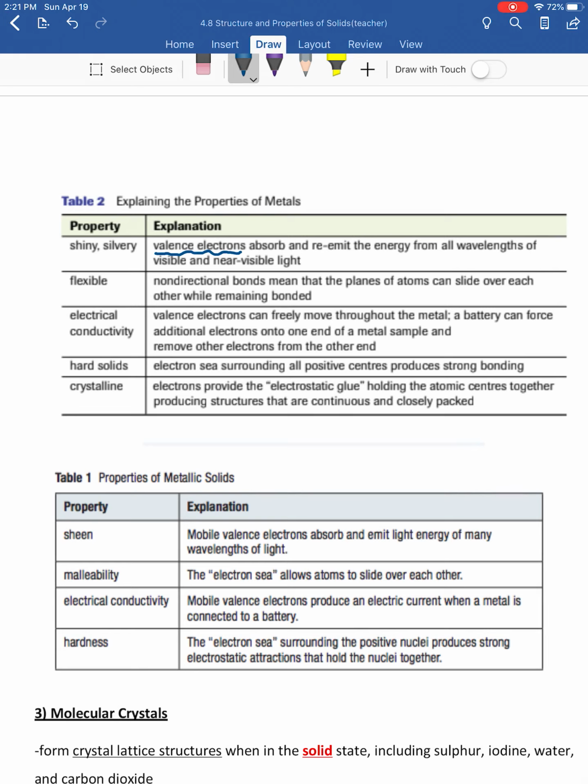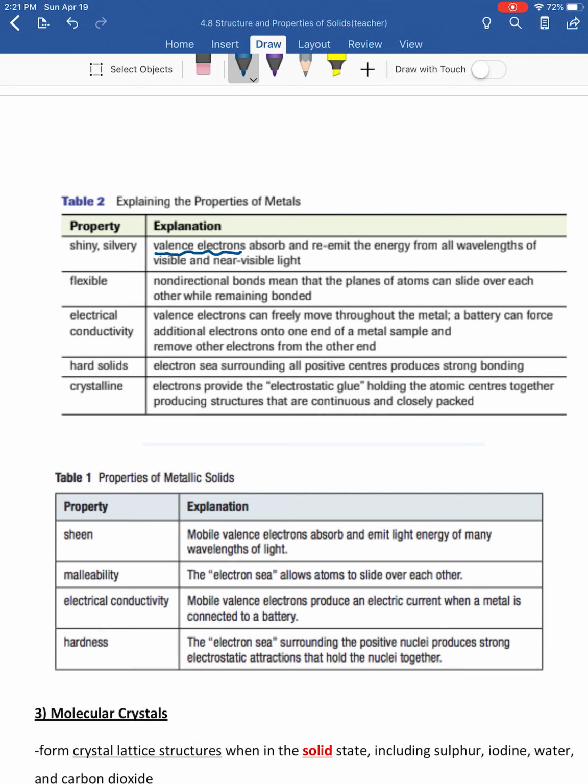And electrons can't stay in that excited state forever, so they've got to come down to ground state. For that reason, they release the energy, and in releasing that energy in the form of light, that's what makes these metals appear shiny, or lustrous.